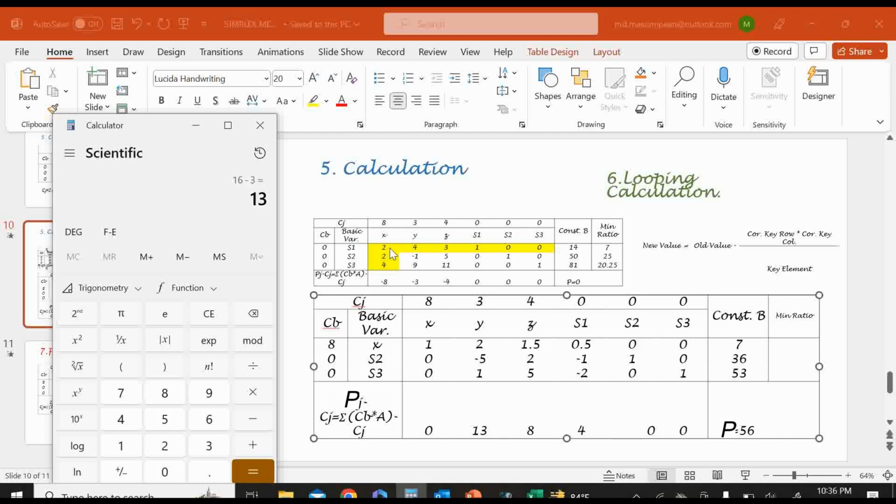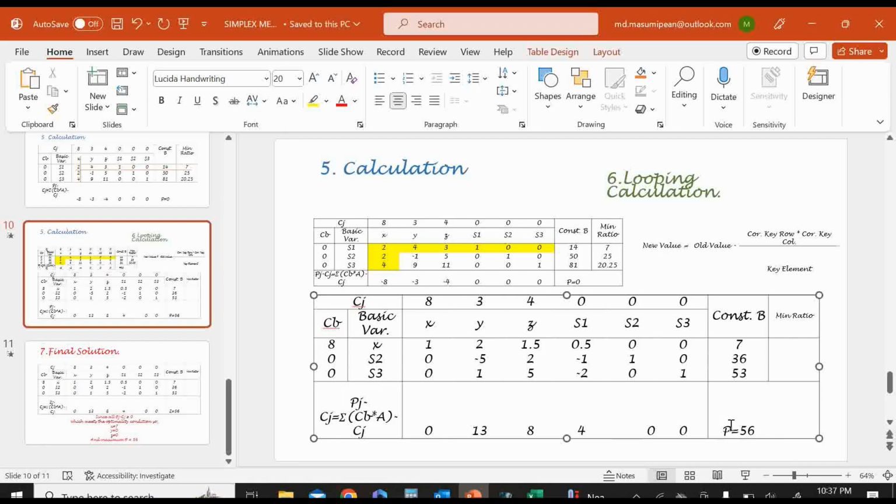Okay, and the value of z, which is 7 multiply 8 plus 36 multiply 0 plus 53 multiply 0, which is 7.